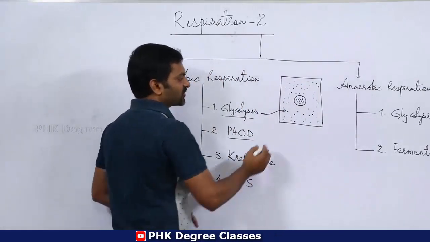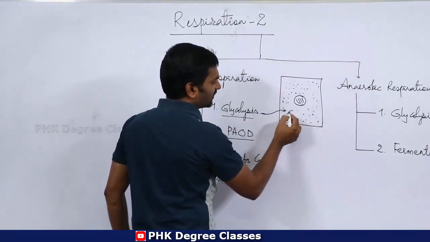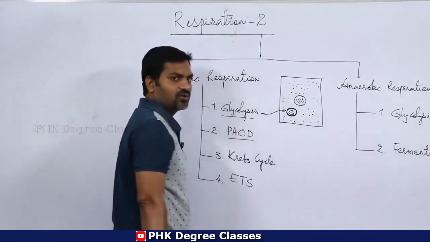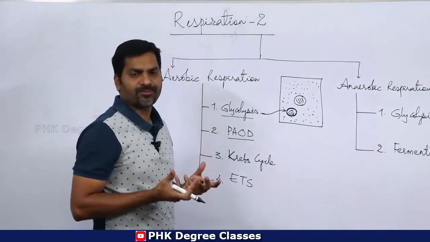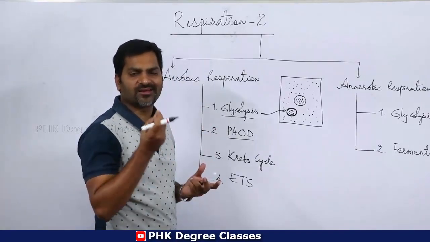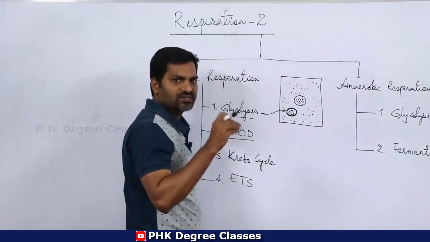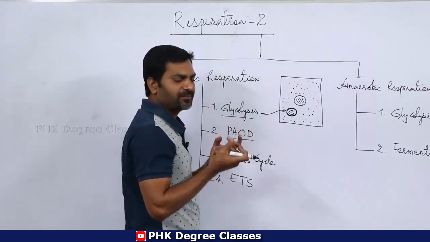For example, this is the glucose molecule. The glucose molecule, a 6 carbon compound, undergoes a breakdown or splitting process.